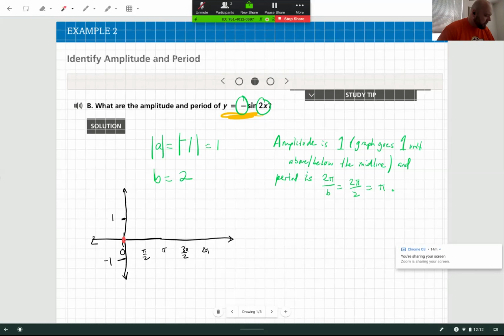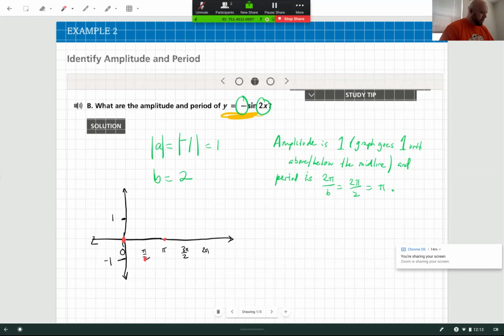So normally the graph of a sine function would have a maximum at pi over 2. But because we're flipping our graph over, instead of it being up there, it's actually going to be down here. And I'm going to erase this. And then we come back to the 0.